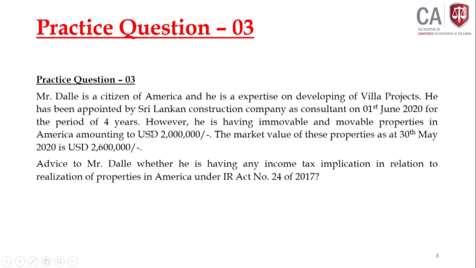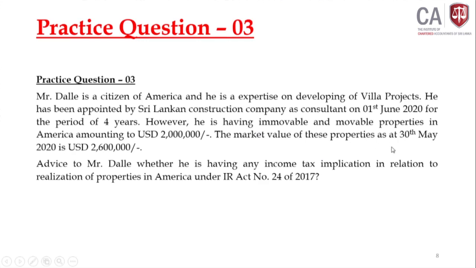However, he has immovable and movable properties in America amounting to $2 million. The market value of these properties as at 30th May 2020 is $2.6 million. We will make a change here.